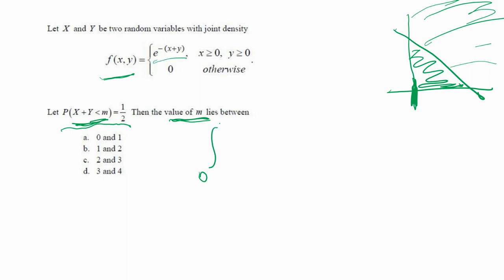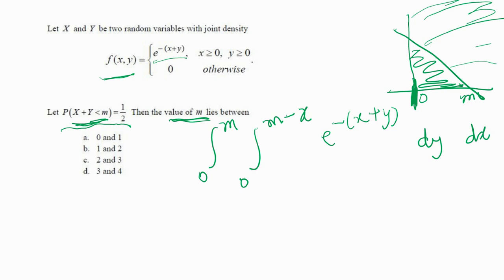The x limit will be 0 to m, and the y limit will be 0 to m minus x, of e to the power minus x plus y, dy dx. So in terms of y, e to the power minus x is constant, so that will come out. So 0 to m, e to the power minus x will come out.